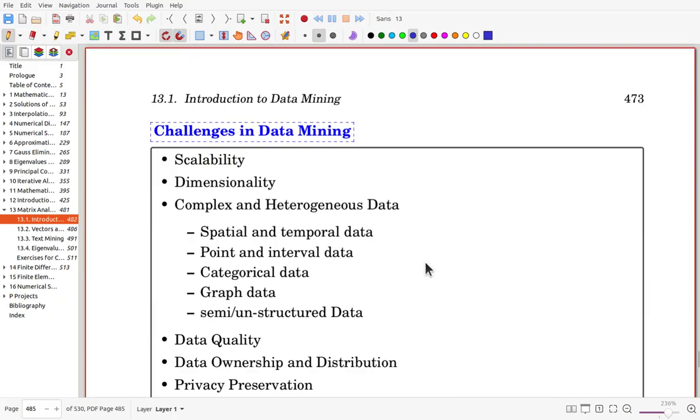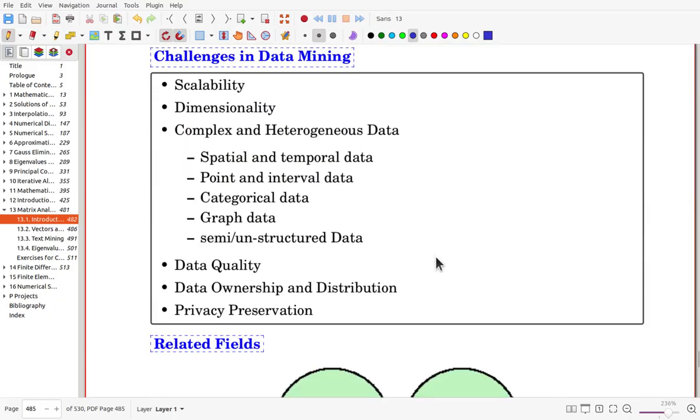And here we have challenges in data mining. Once we try to get useful information, as the size of the data set increases, the computational task can increase much more rapidly. In this case, we say that the method is not scalable.